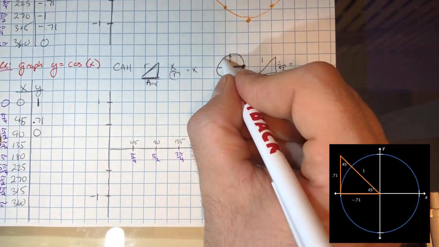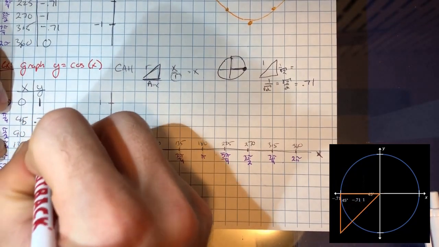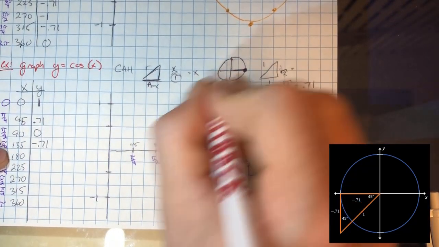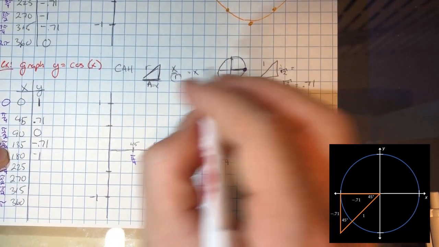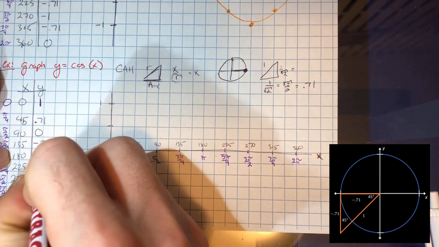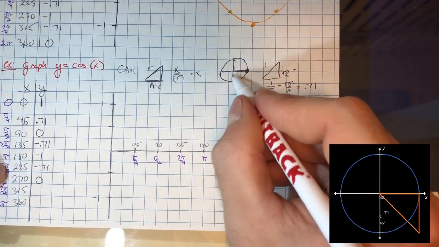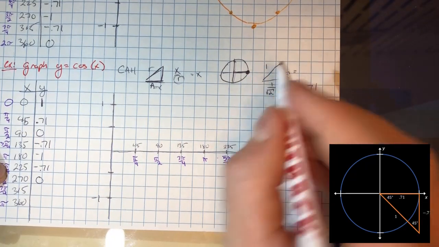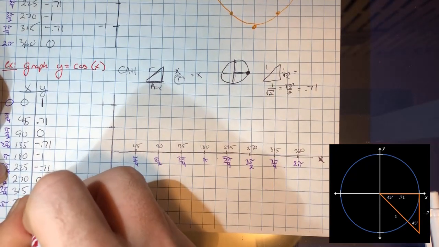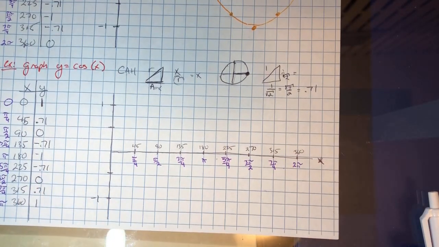And here my x started to go negative. So here I have a negative 0.71, a -1, because we've reached the back of the circle. And as we keep going around, my x is still negative. And then I hit 0 because at 270, again, my x does not exist. And then it becomes positive at the very end. And so let's see what this looks like on the graph.